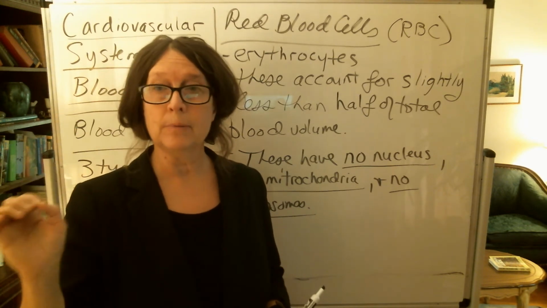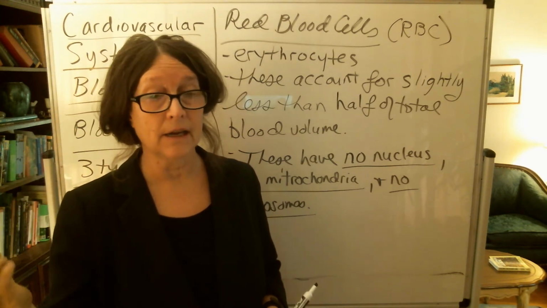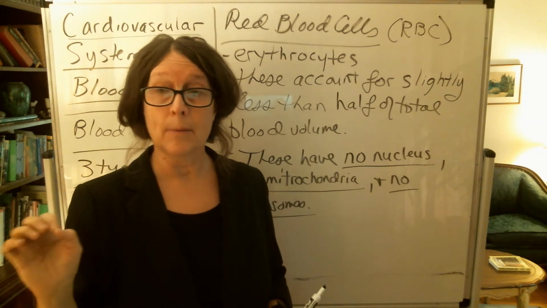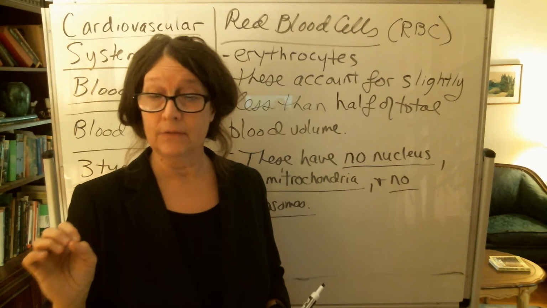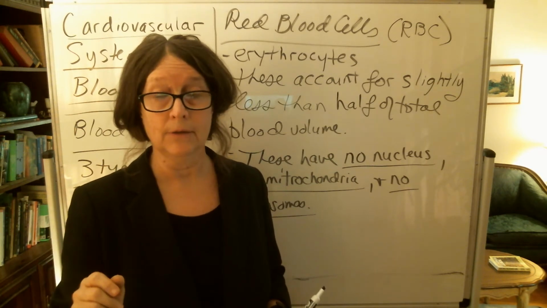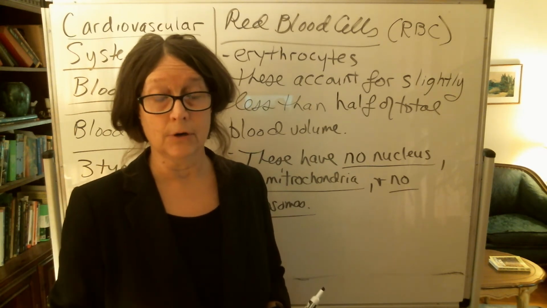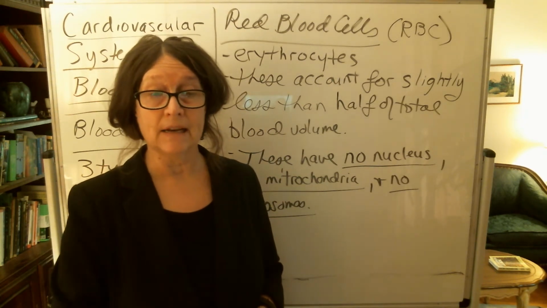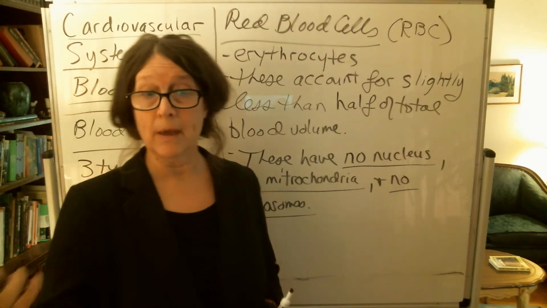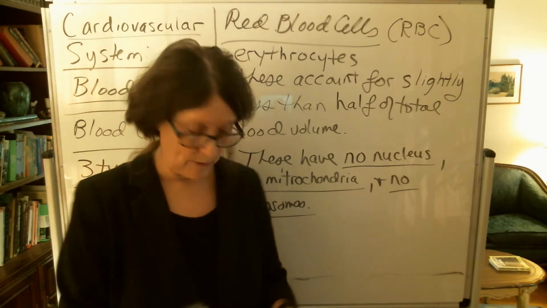So all your red blood cells are basically dying. They have a limited amount of time that they will be able to exist in your blood, and then eventually they will be taken out by the liver as having outlived their usefulness. So all of your red blood cells basically come with a use-by date, and what happens is that you keep making new ones to replace the old ones.